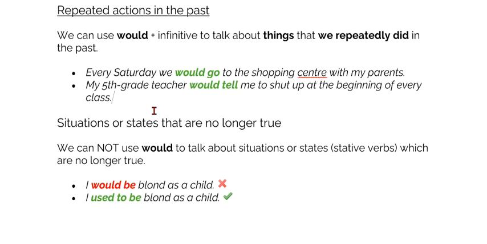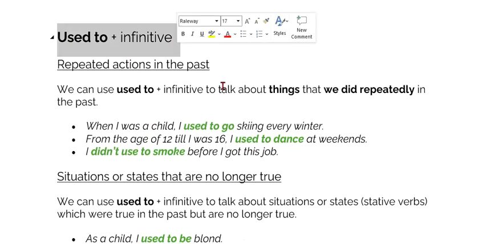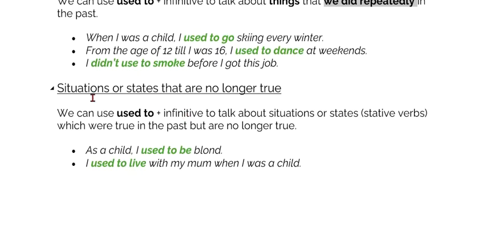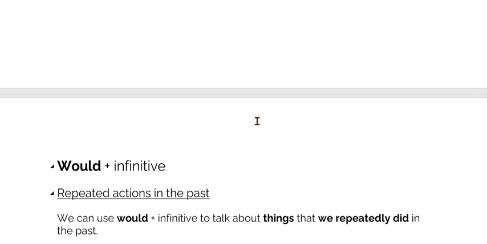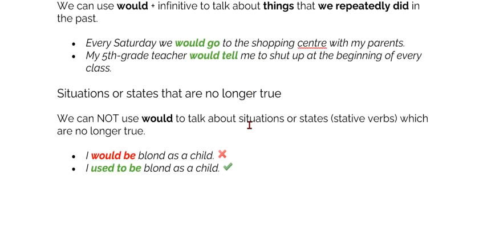Then again, I repeat, do not use would with states. We can use used to with action verbs for repeated actions in the past, or with state verbs to talk about situations that are no longer true, but would can only be used with action verbs to talk about repeated past actions. Do not use would with state verbs. For situations that are no longer true, we cannot use would.